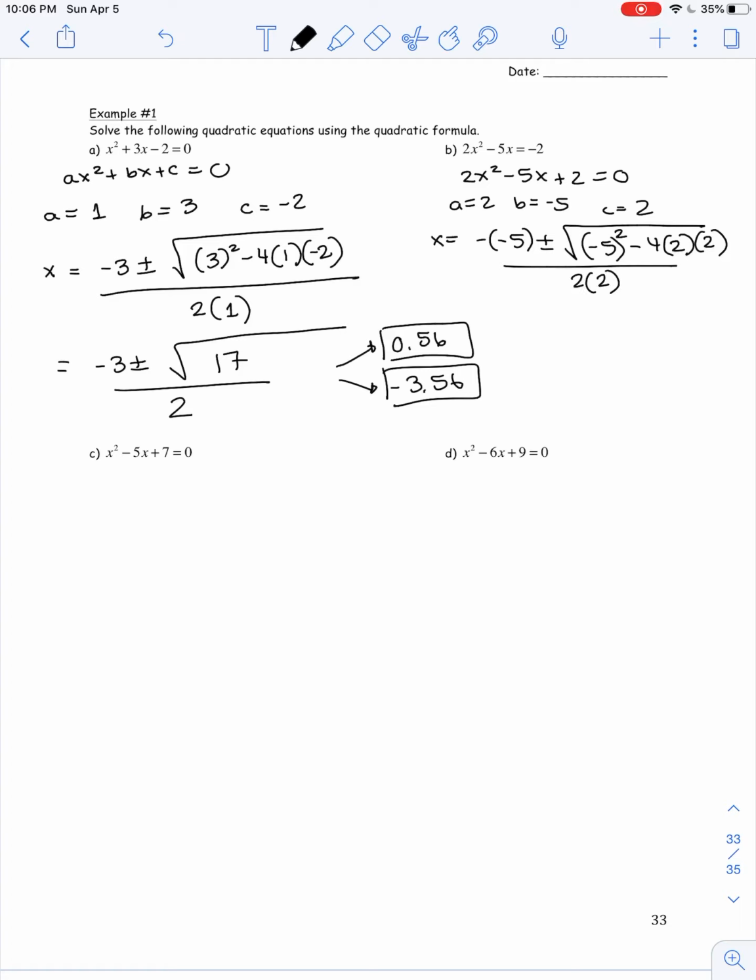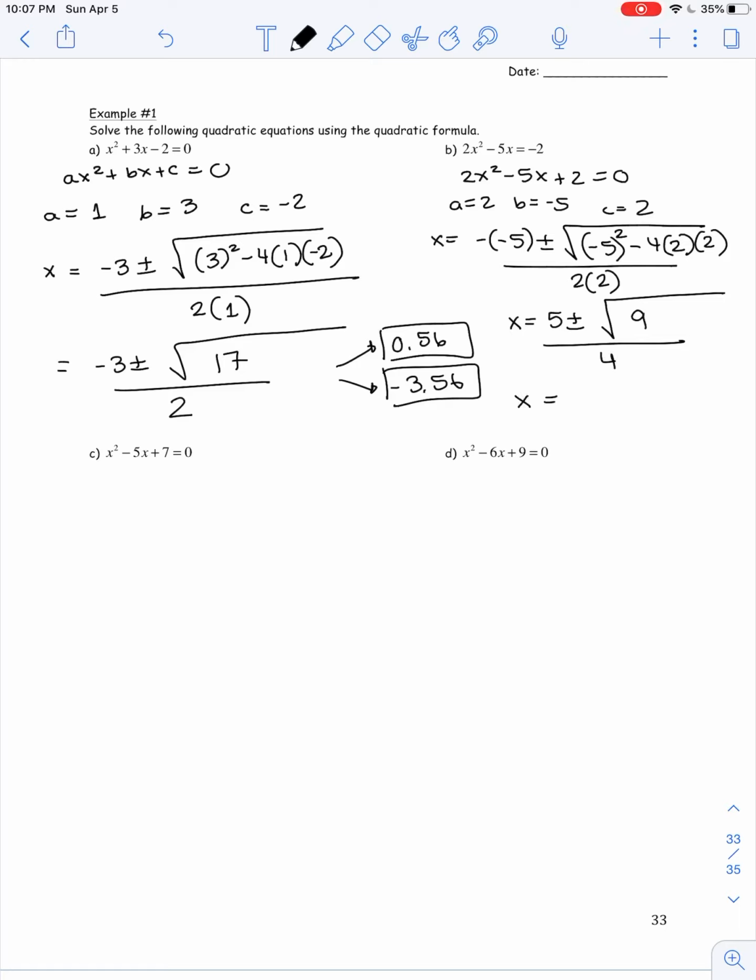Divide the whole thing by 2 times a, which is 2. 2 negatives becomes a positive, so you need to write that. And underneath the square root, we're going to have to go negative 5 squared is 25 minus 4 times 2 times 2. We get positive 9.